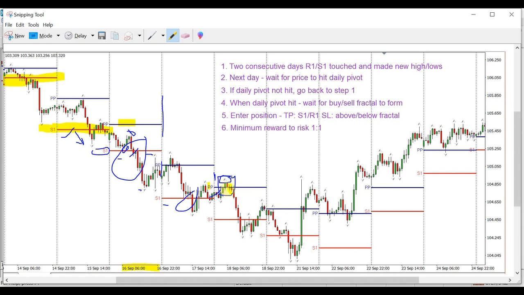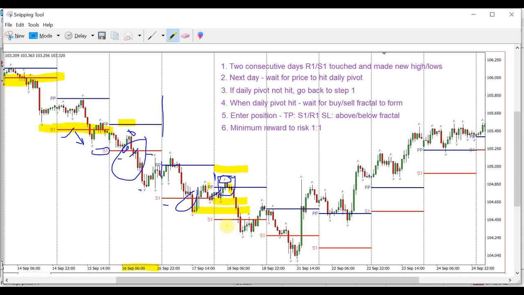And what we want to do is open at the open of the next bar, stop loss above the top, and then take profit. Again, probably these lows over here of yesterday as your take profit target, or if you want to be a little bit more conservative, go for a 1-to-1, which probably would have been at these lows over here.